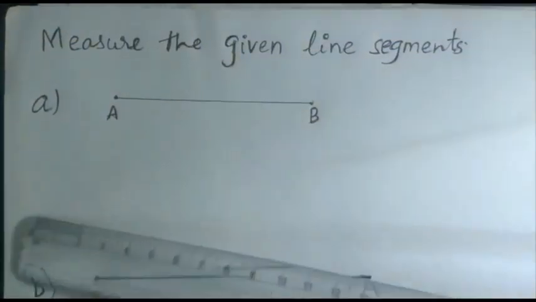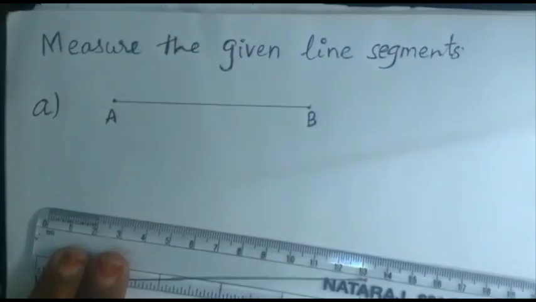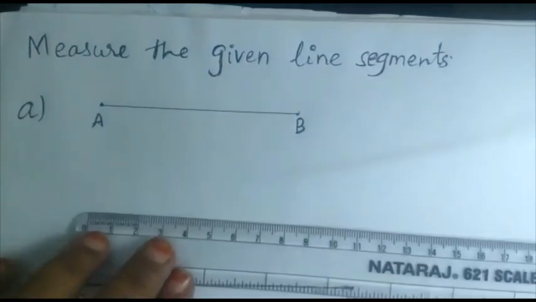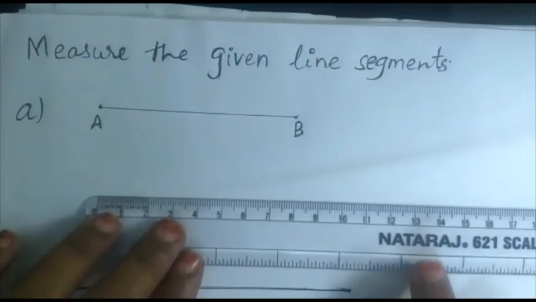Children, first let us measure the first line segment. And how do we read that line segment? We read it as line segment AB. And what is the step we have? First step we have to follow.